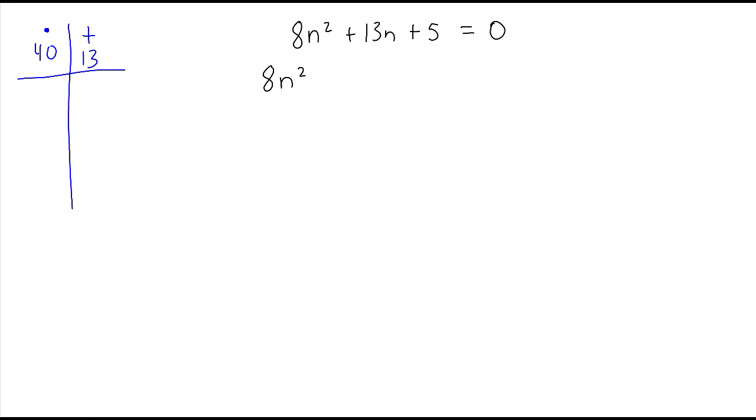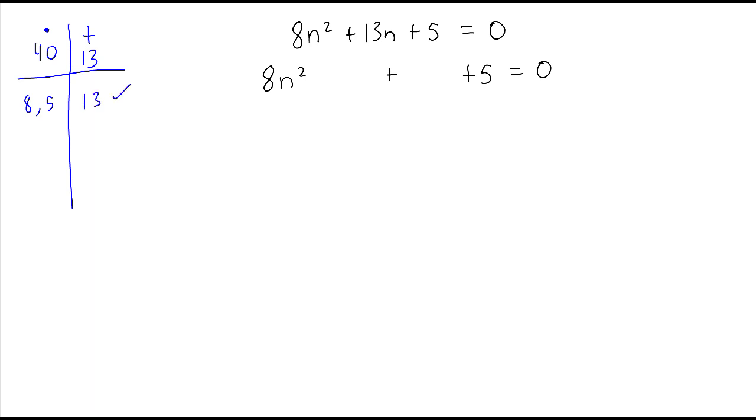I can bring down the plus 5 equals 0, but I still need to know what to split this term into. I started off by multiplying 8 times 5 to get 40, so I'm going to start there. 8 and 5: those multiply together to be 40. They add together to be 13.